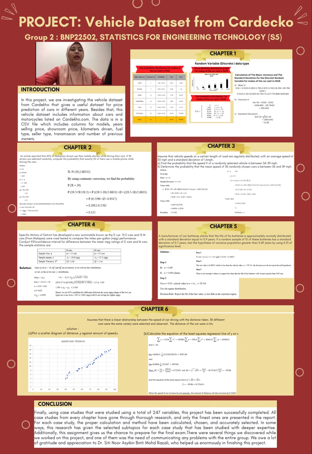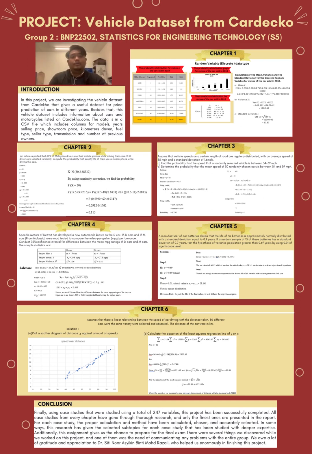So by using continuity correction, we find that the probability P(X = 20) is P(19.5 < X < 20.5). So we do the continuity correction and we get that the probability that 20 of them use a mobile phone while driving their car is 0.115.